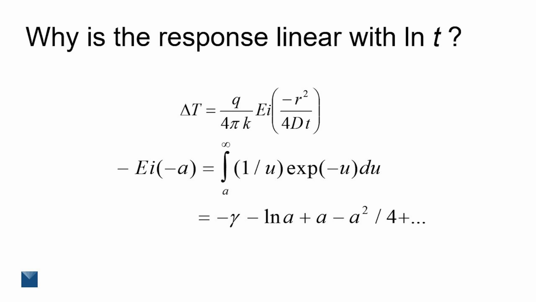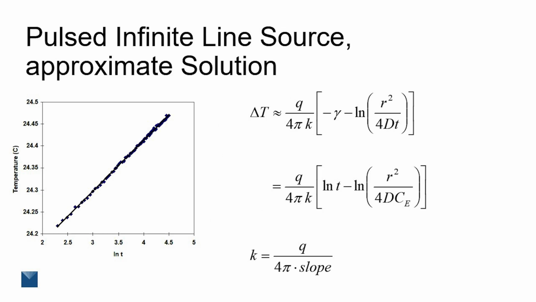Gamma is a constant. So for the times that we typically use for these measurements, the first two terms in this series are a good approximation of the exponential integral. First two terms are shown in the top equation.